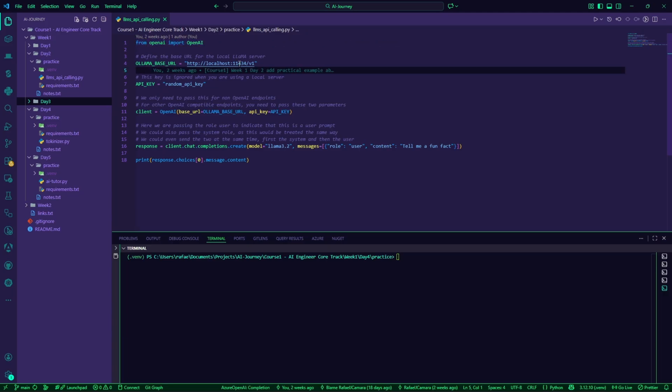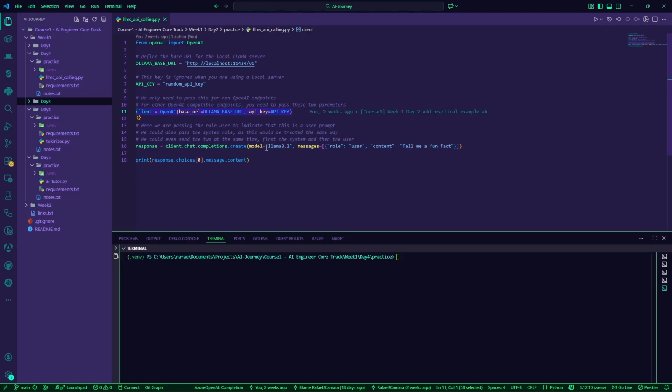I have here the URL for the local instance of Ollama that I have running, and then here I built a client that is going to interact with my local Ollama.